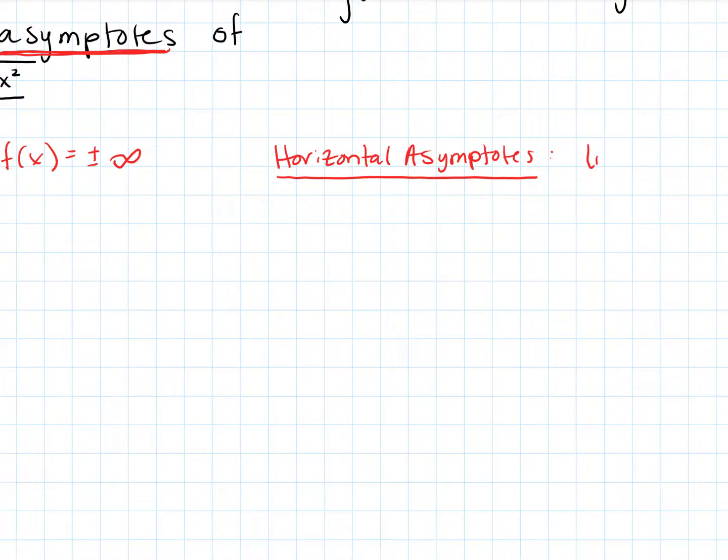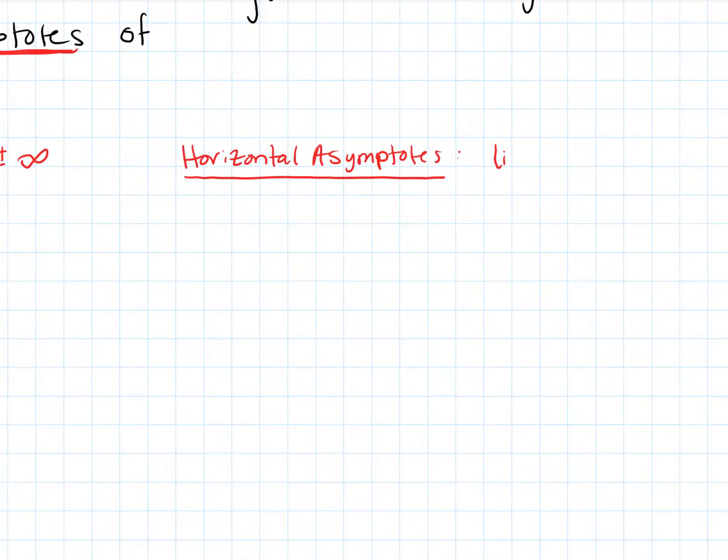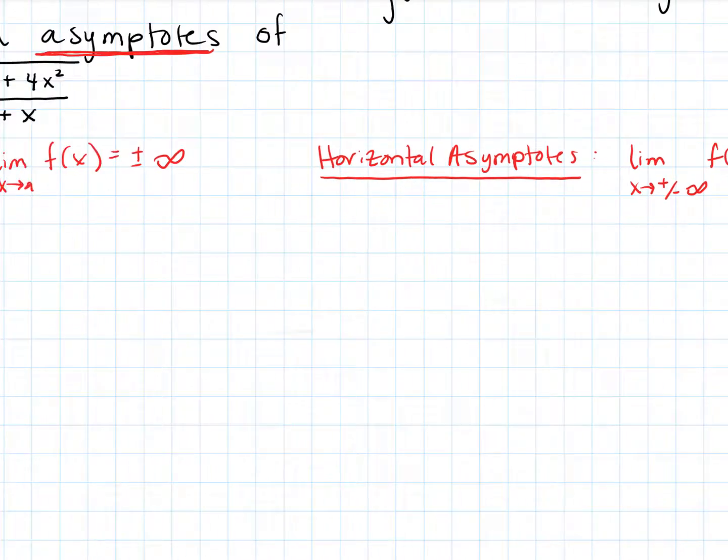So let's consider what happens as we approach both positive and negative infinity of the function. So we'll have to look at both sides there. We see if we have a horizontal asymptote, if the function is approaching a single value as we head out to the far ends, both the left side of the graph and the right side of the graph, as x increases without bound and decreases without bound.